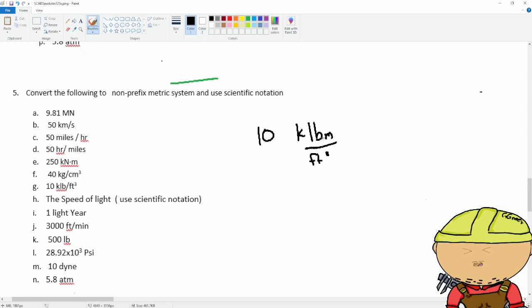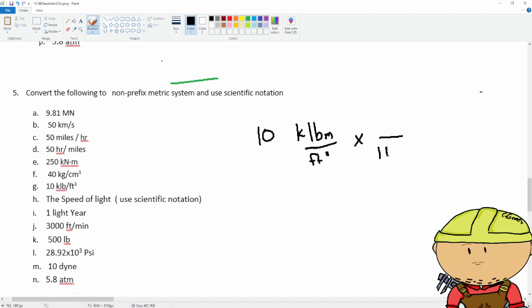Usually mass over feet cube, that is kilo pound mass. Sorry, that's pound mass per feet cube. That's the unit of density for English unit. Okay, I'm going to say it: pound mass per feet cube is the unit for density for English unit. Okay, non-prefix metric system.